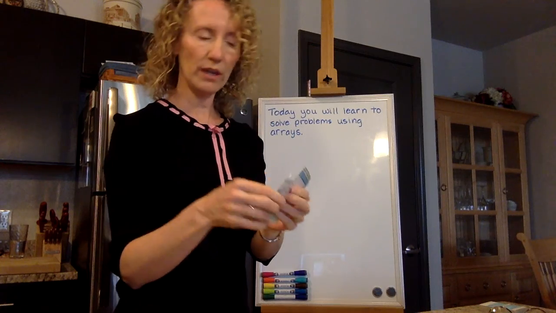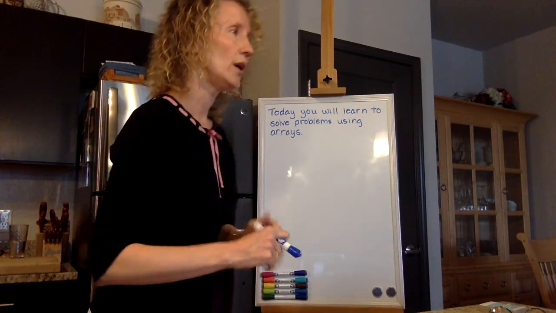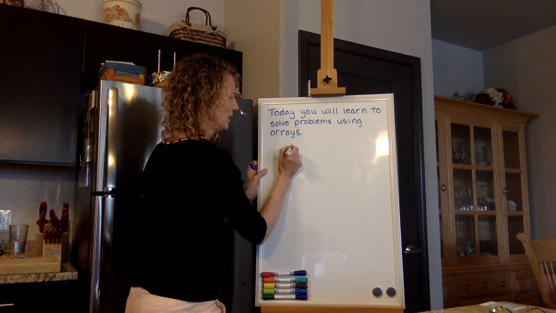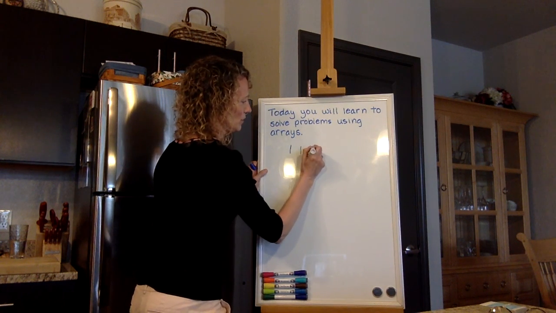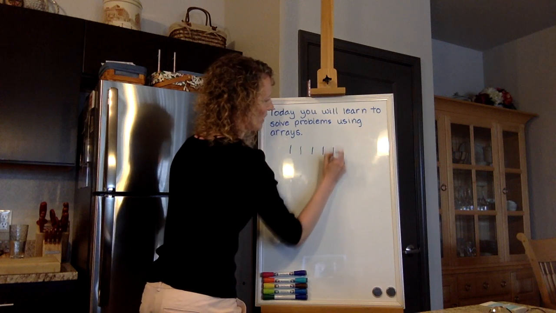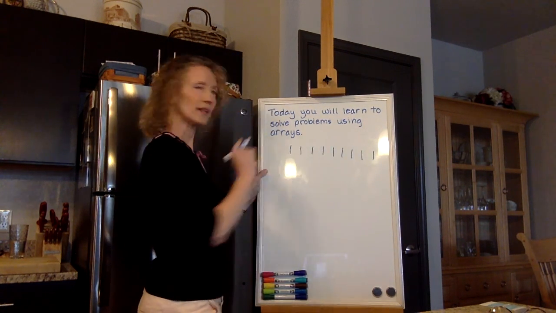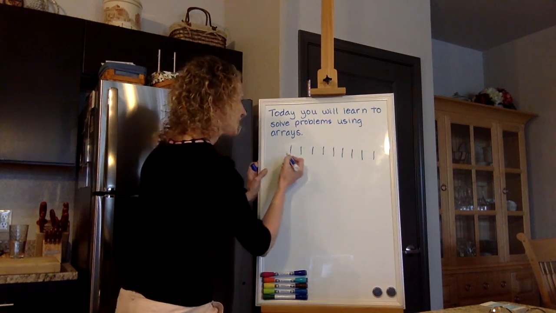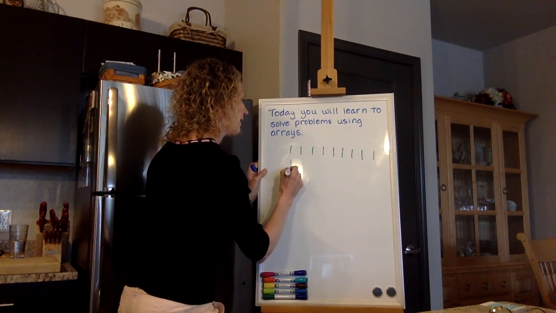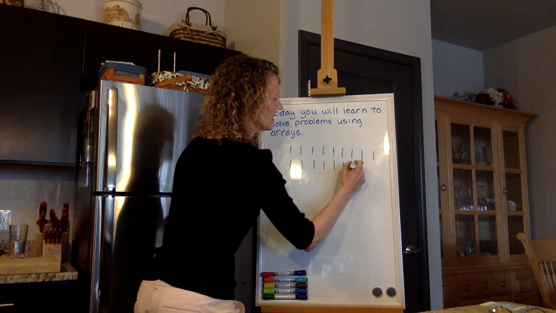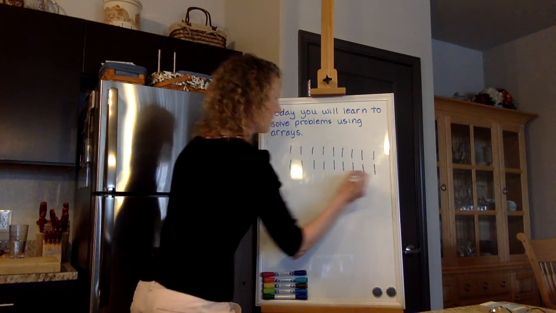You could use a dice if you wanted, if you're practicing more on your own. 2 rows of books with 9 in each row. Those little lines are standing for my books. There's one row, and I have another.